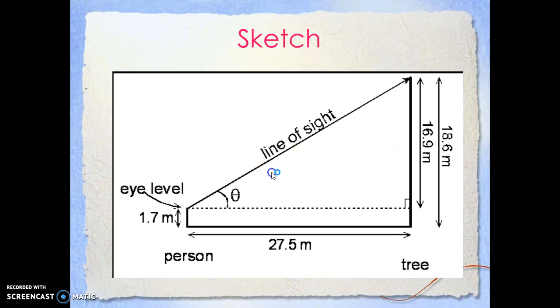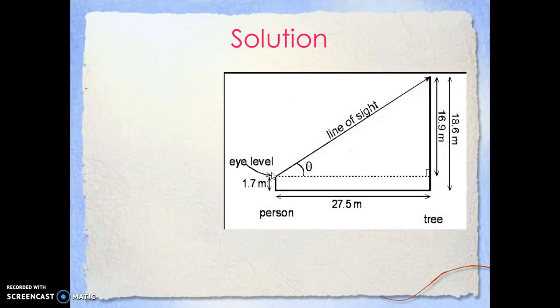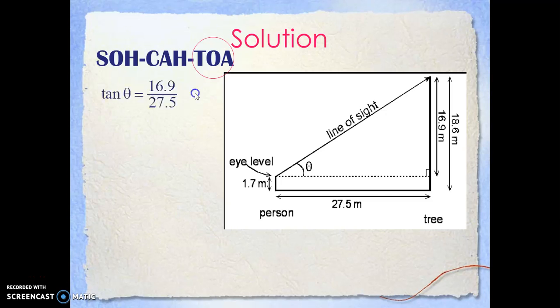So to get the answer now, you have to remember the use of SOHCAHTOA. So we have the opposite and we have the adjacent. So we can apply the tangent function. So we have tangent theta equals the opposite, which is 16.9 meters, over the adjacent, which is 27.5 meters.